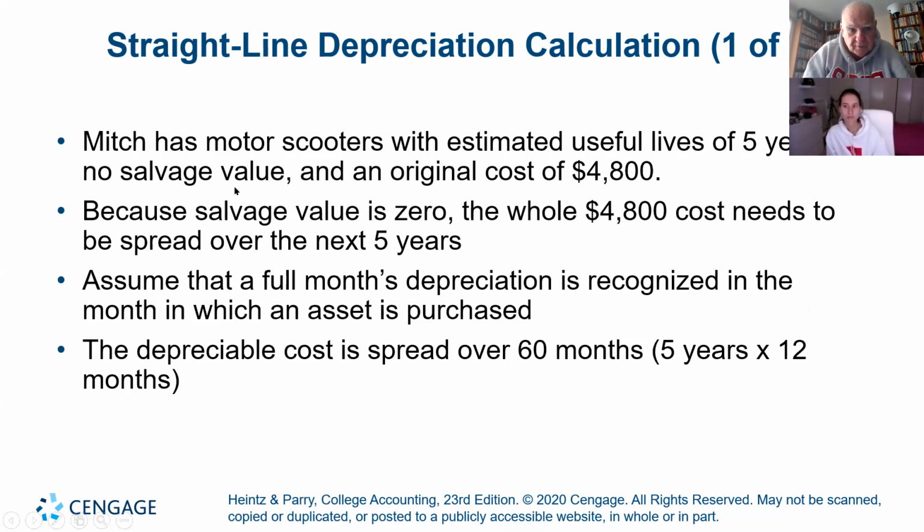So here's the calculation. Mitch has motor scooters, and he thinks they're going to last 5 years or 60 months. The salvage value is 0, which makes it easier. We don't have to worry about it. Assume that a full month's depreciation is recognized every month. The depreciable cost is thus spread over 60 months.